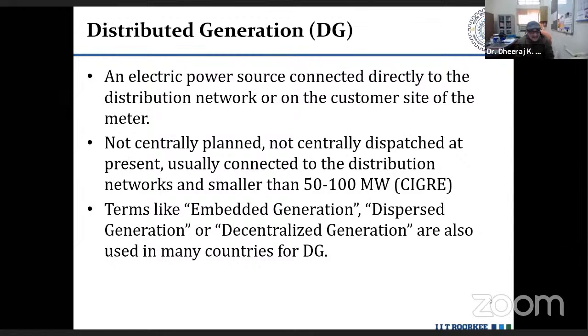As per CIGRE, it is not centrally planned, not centrally dispatched like conventional generators, and generally it is connected to distribution networks, and the size can vary from 50 to 100 megawatt. In many countries, we use terms like embedded generation, dispersed generation, or decentralized generation in place of DG.